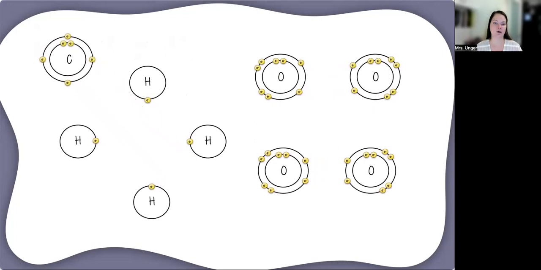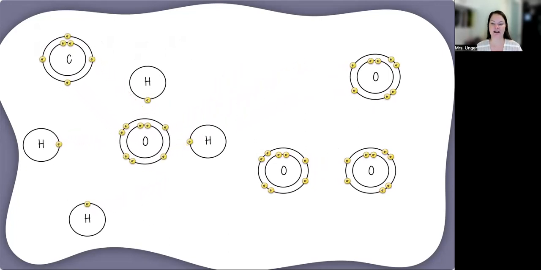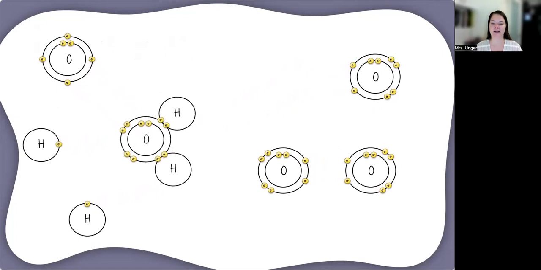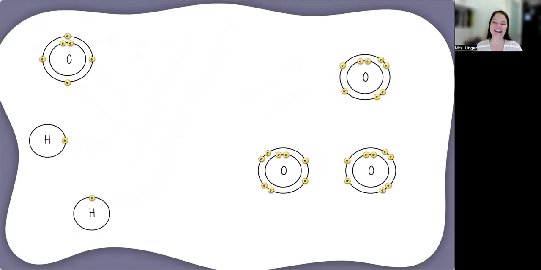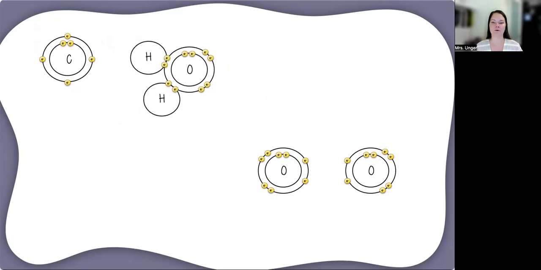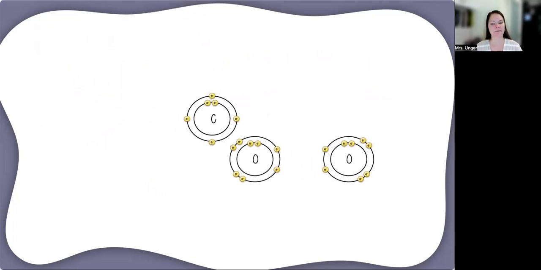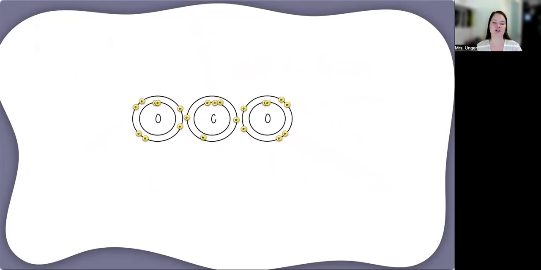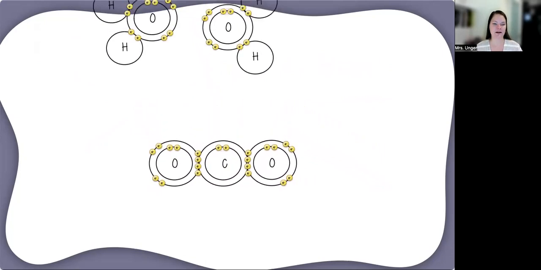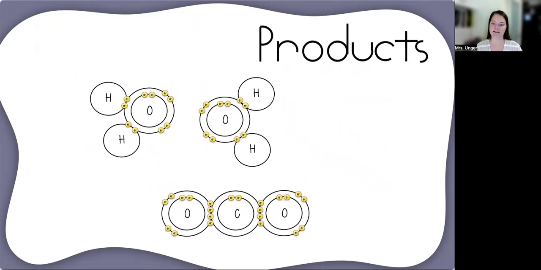Notice that we're not gaining or losing any atoms. They're just getting a little bit reshuffled and then moved out of the way so we can see everything. So we've made some water, we've made some more water, we've made some carbon dioxide, but we have not changed how many atoms are present or the type of atoms that are present to make the product.